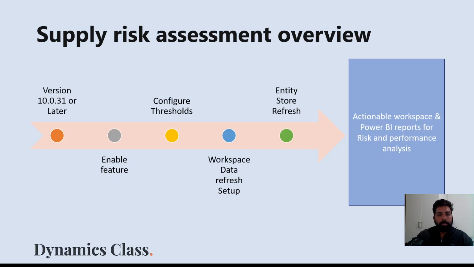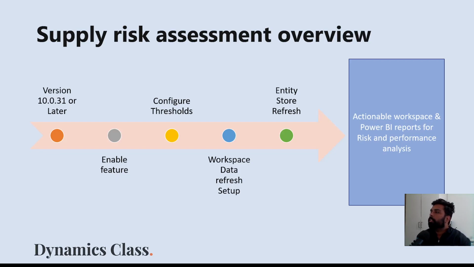It does not provide a holistic assessment of vendors along with other aspects such as financial ratings, compliance, securities, and other risks. It also does not cover the risk from other types of supplies, let's say, production supplies. Now let's understand how this is going to work in Microsoft Dynamics 365.